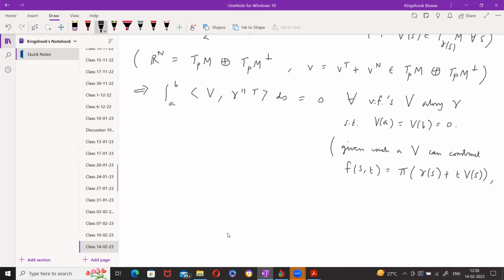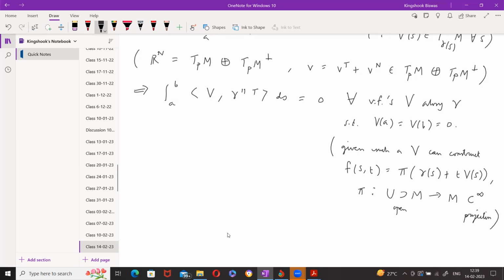And then you project this to the manifold where pi is a smooth projection from a neighborhood, say U containing M, to M. This is a projection. So such a projection exists by something called the tubular neighborhood theorem, but I won't go into that. So you can define such a variation, right?